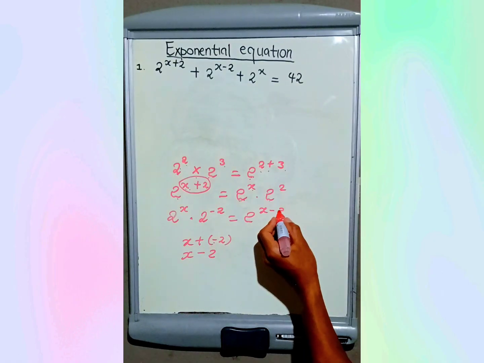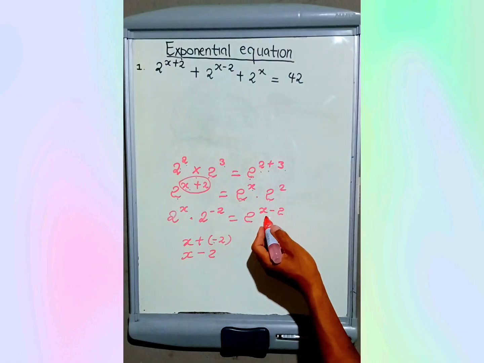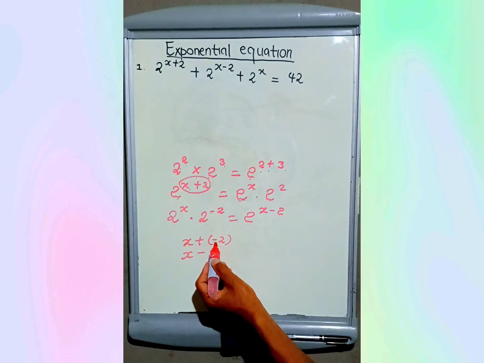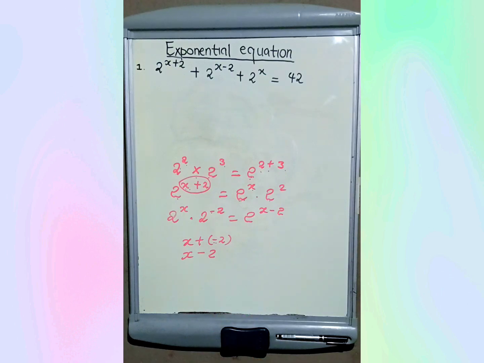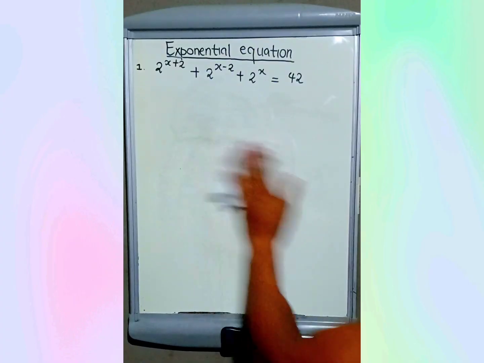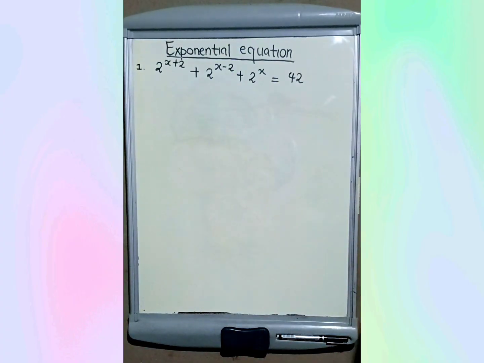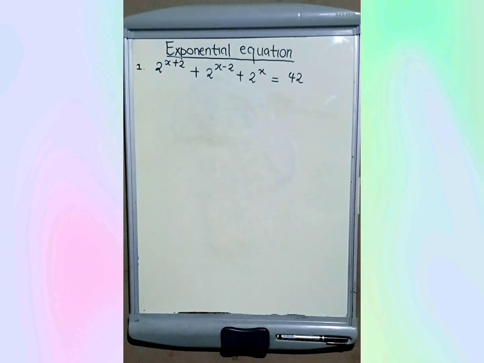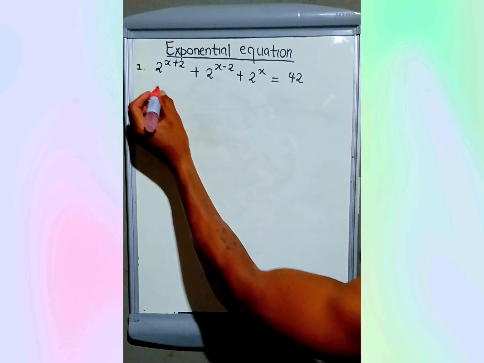That's why here we have 2 raised to x minus 2. Okay, I know that you know the product rule. If we multiply the same bases, we take one base and add the exponents. We call that the product rule.